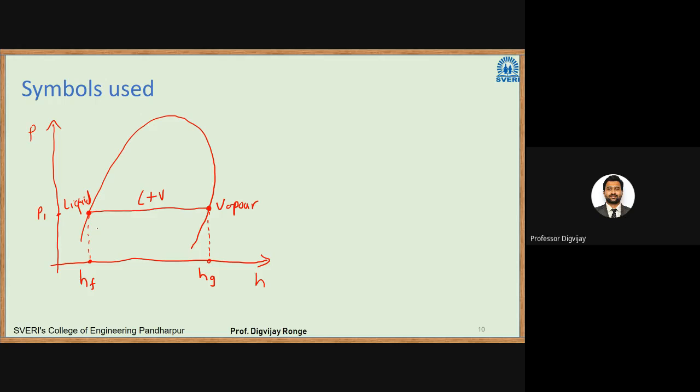Now, the difference between these two, Hf and Hg, I denote by Hfg. You might have studied this in applied thermodynamics, steam power plant; in those numericals these notations were there. The same notations we are using here: Hf, Hg, and Hfg. For entropy it will be the same: Sf, Sg, and the difference between these two will be Sfg.